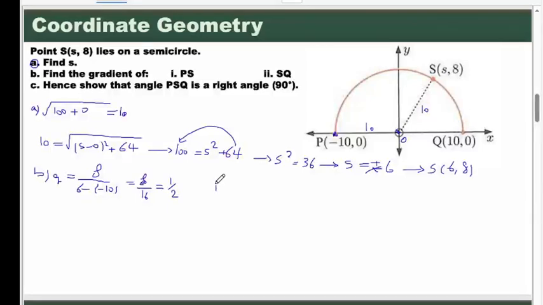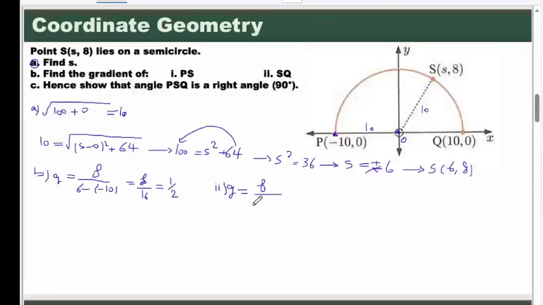So for part 2 of this, it says gradient of SQ. So again, gradient of SQ is y steps over x steps. I take S as the first point, so the y step would be 8 minus 0, which is 8, and the x step would be 6 minus 10.